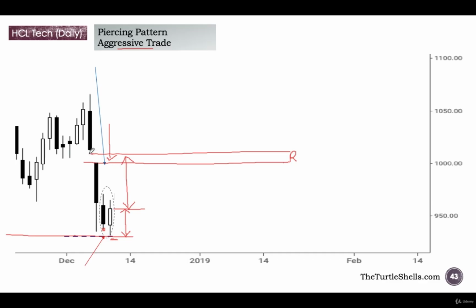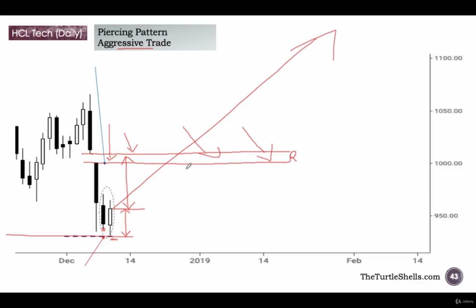So for those traders who do not understand the significance of a window, they might take a long position here saying that, oh, we see a piercing pattern, so we are going to take that trade and the price is going to shoot up. But they don't know that there are bears sitting here. The bears have pushed the price and they have created a nice resistance zone here.